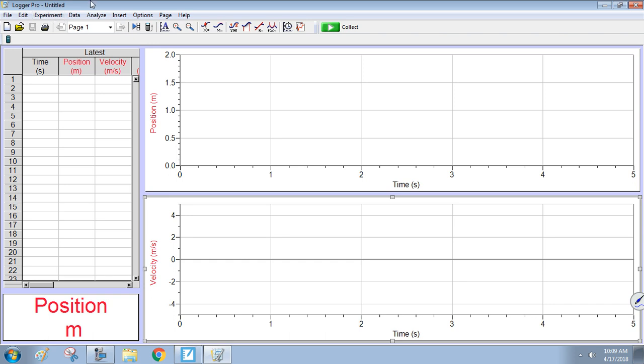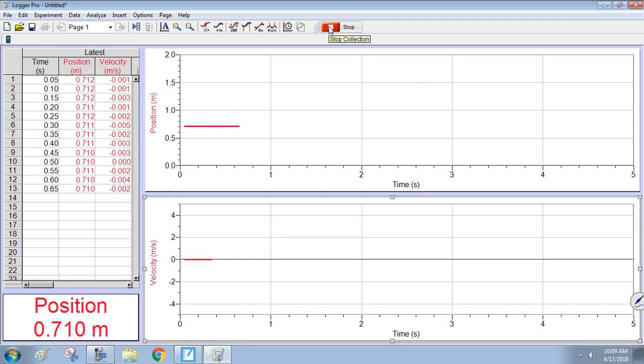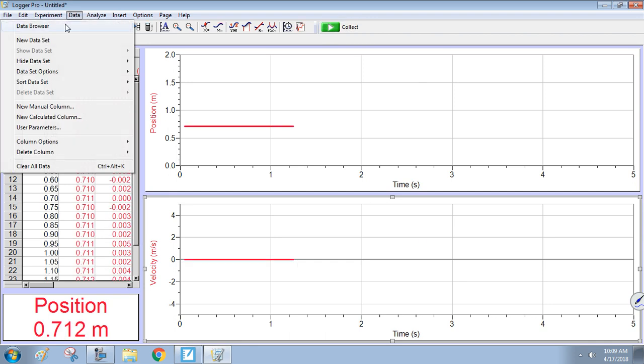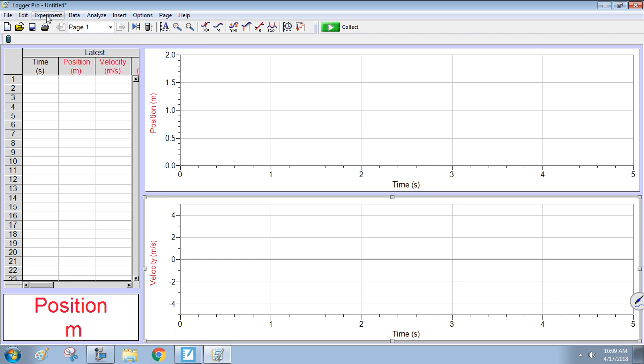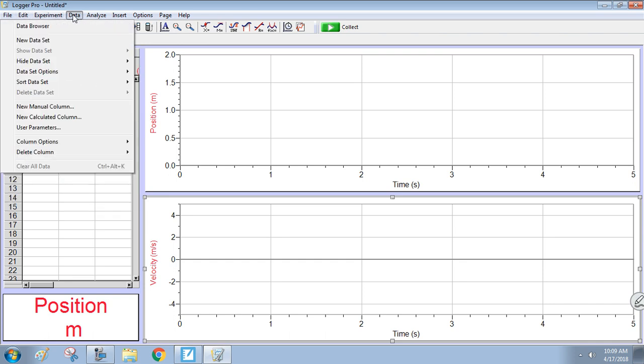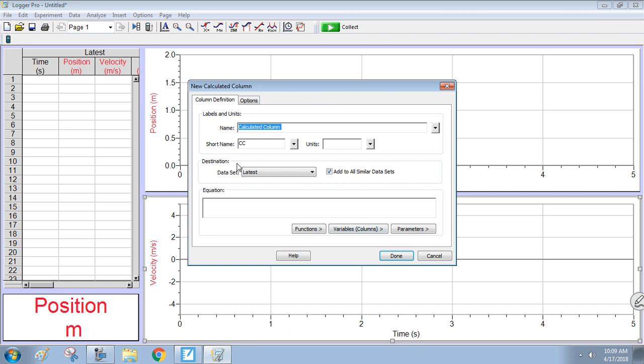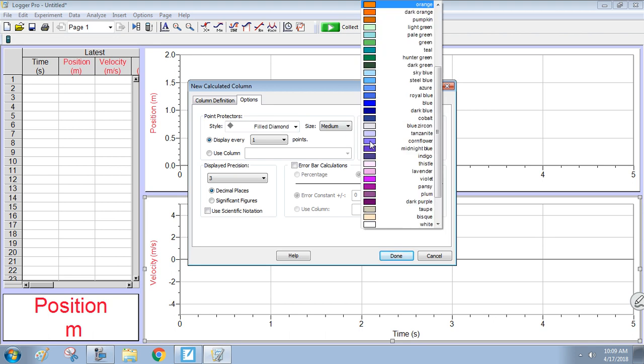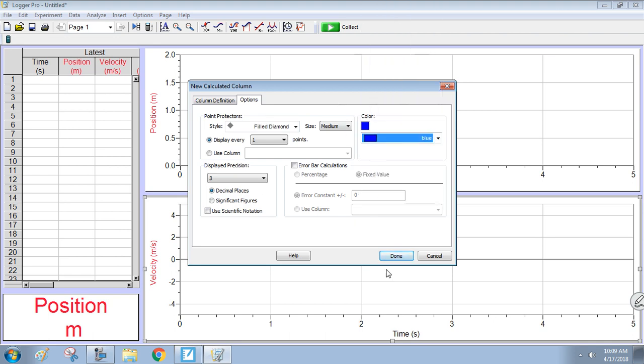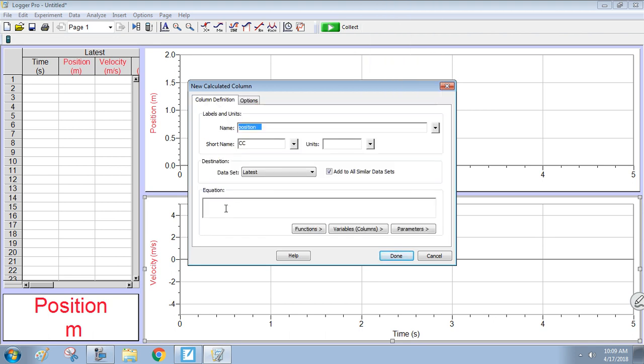All right, so collect data, clear all data, experiment, data. New calculated column, position, let's make that be blue. Thank you for your patience. Position minus 0.711.